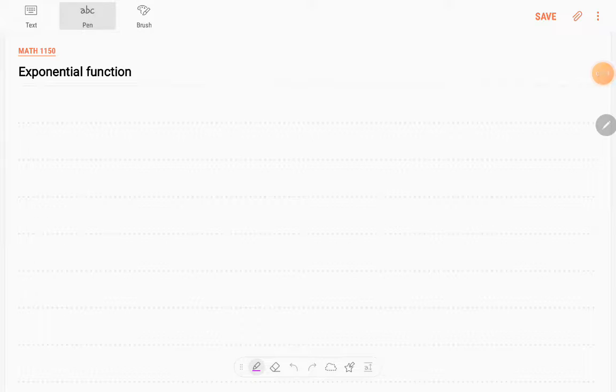Now let's look at an exponential function. First, let me give you the form of the function, which is called the exponential function.